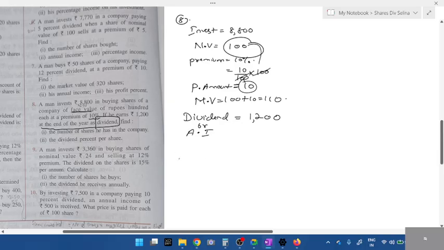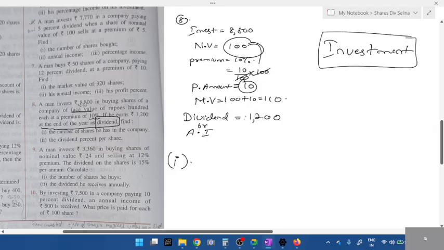Okay, first thing, what do we need to find? What are the two formulas we use, students, to find number of shares? One is investment and the other one is annual income. Both values are given. Let us take the investment formula. What is investment?